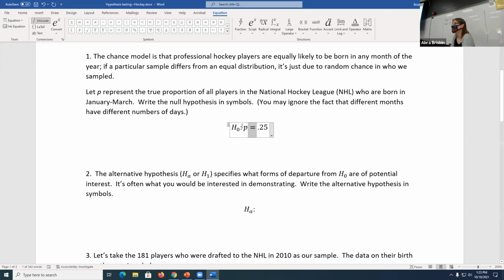In other cases, the equal sign might be implied, like if you write out the null hypothesis in words, it might be that the proportion of players in the NHL who are born in January through March is 0.25. So the word is standing in there for the equal sign.